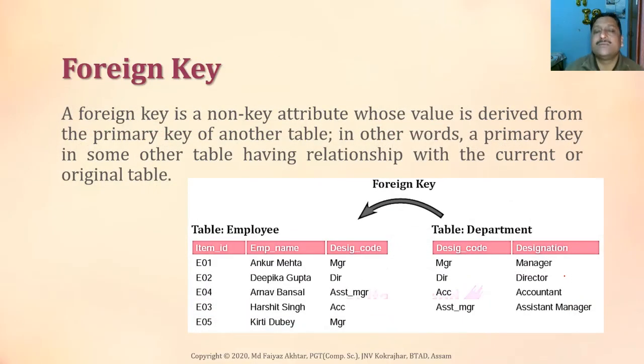Now the last key is the foreign key. You have to understand here. A foreign key is a non-key attribute whose value is derived from the primary key of another table. In other words, it is a primary key in some other table having a relationship with the current or original table.